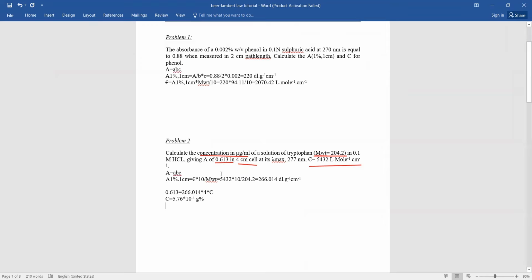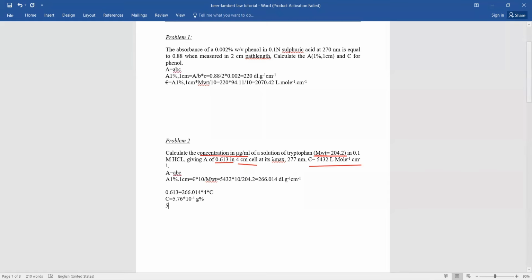Okay. What is the requirement? The requirement is the concentration in microgram per milli. So I'll convert the gram to microgram. From gram to milligram, okay, we will multiply by 1,000. And from milligram to microgram, we'll multiply by 1,000. So from gram to microgram, we will multiply by 10 to the power 6.